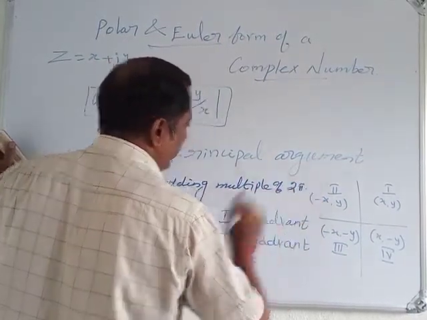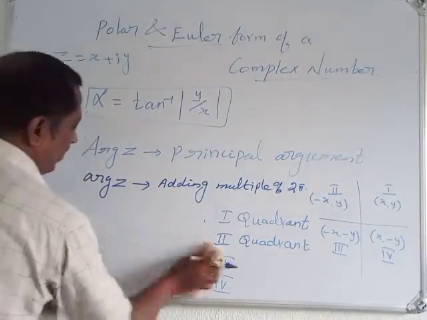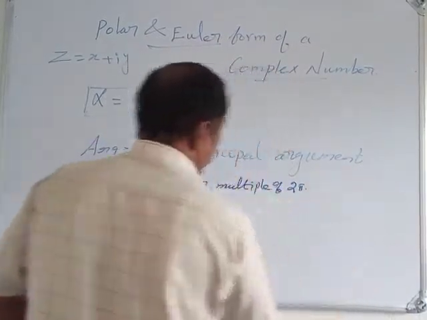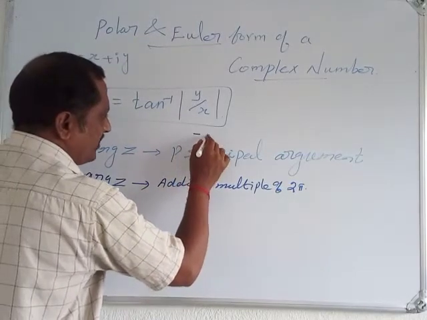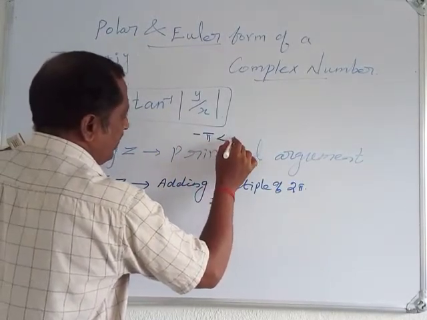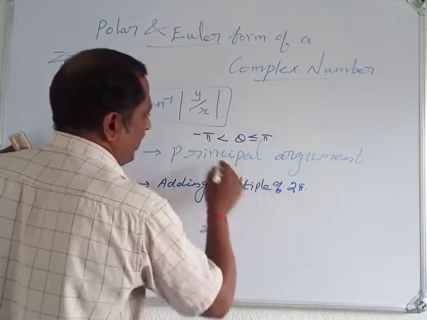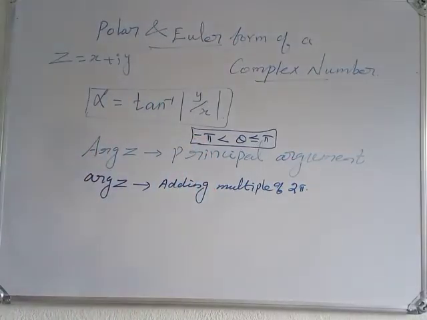So that is the difference between principal argument and argument. The principal argument lies between minus pi less than theta less than or equal to plus pi. When we write this, this is called a principal argument, right?